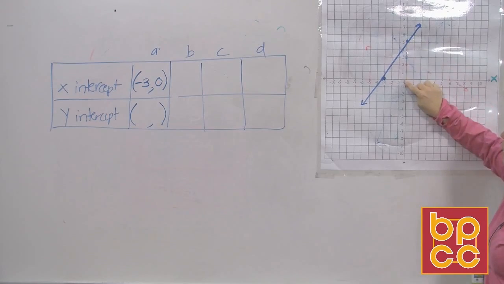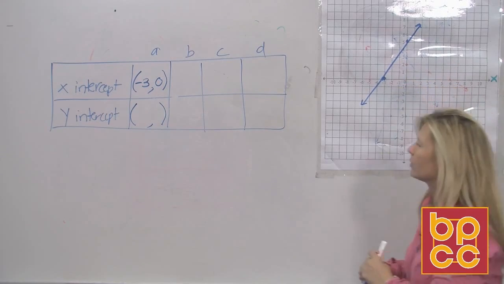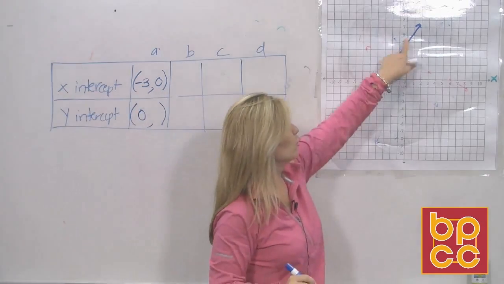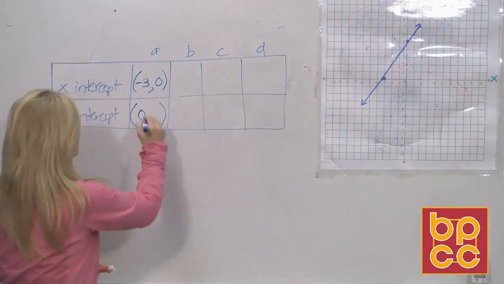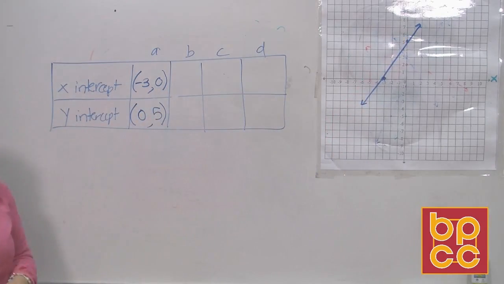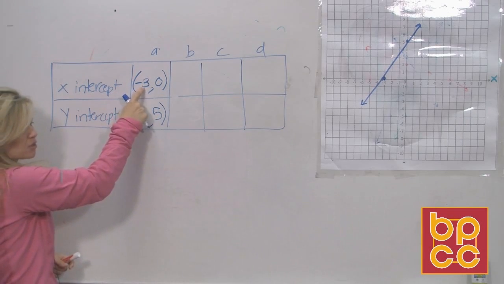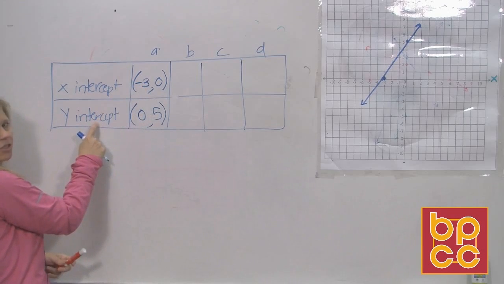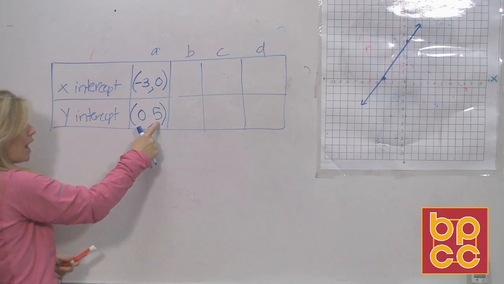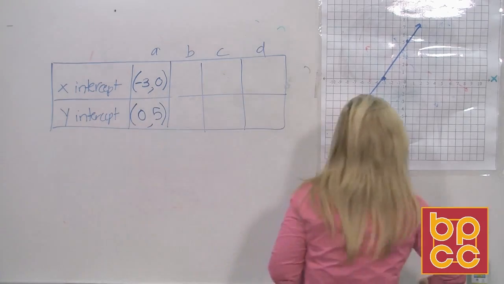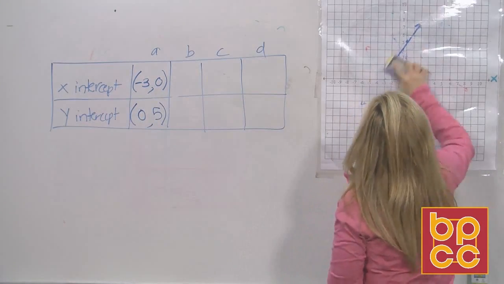To get to this point, you didn't move right or left. You stayed put. To get to this point, you moved up 5. That 5 is its y value. So first of all, everybody look closely. If you name an x-intercept, the number goes in the spot for x. If you name a y-intercept, the number goes in the spot for y. Okay? Everybody's good? All right, let's look at the next graph.